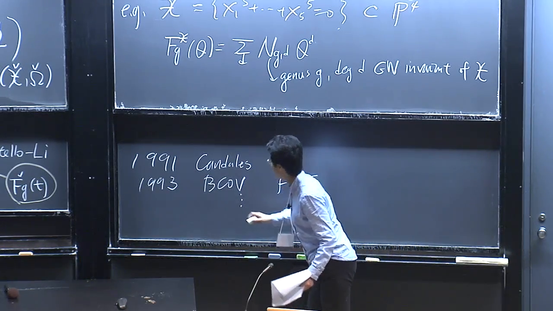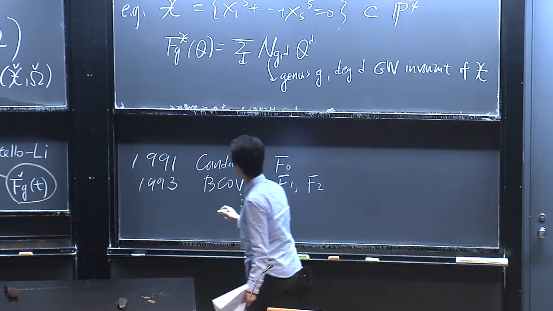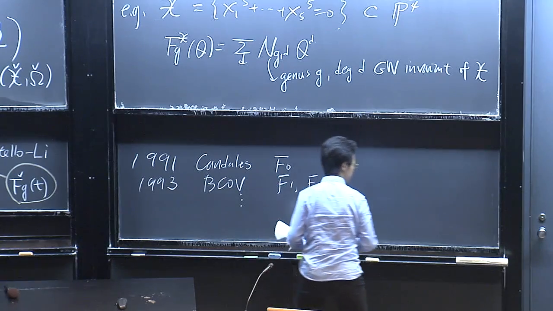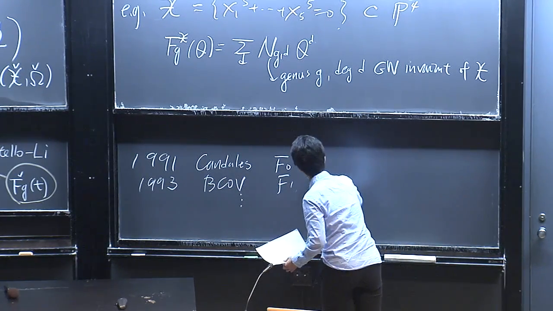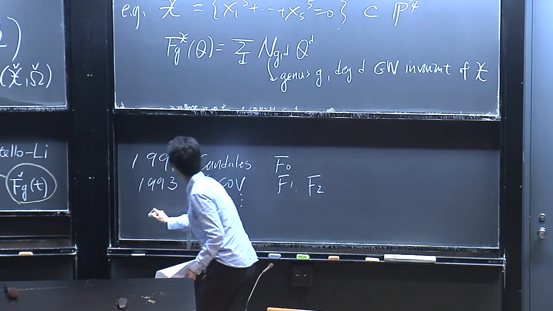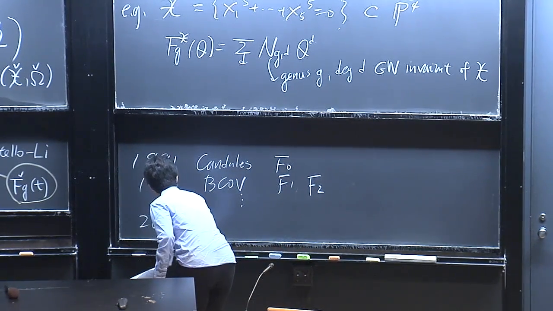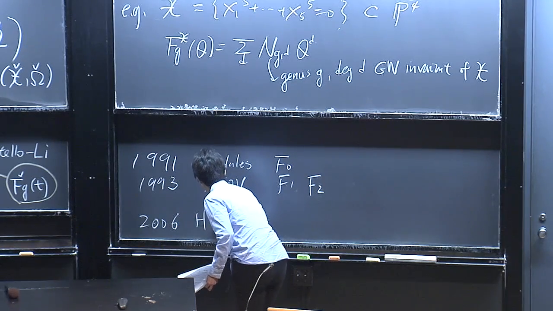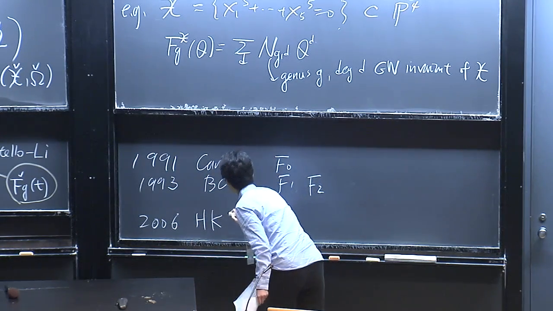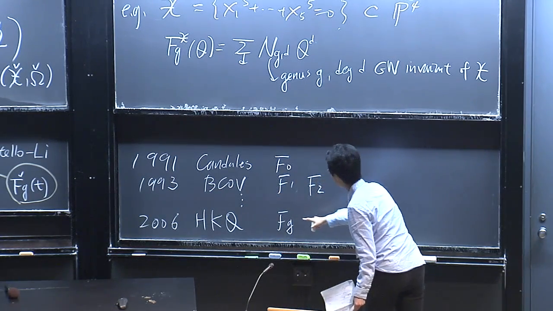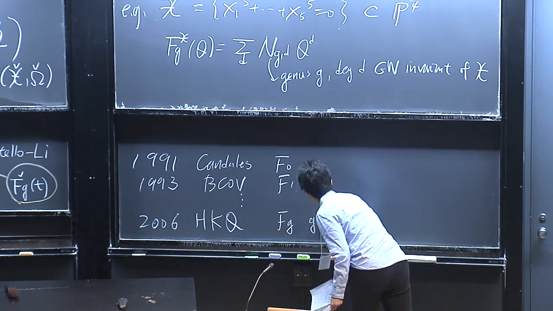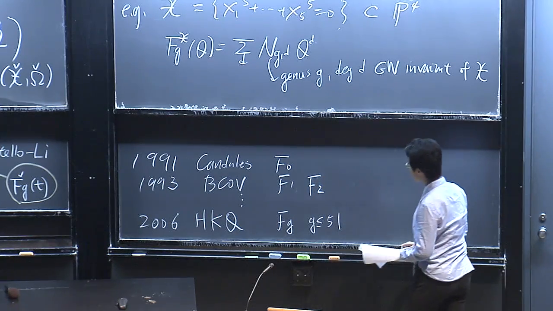There was a lot of development, and in 2006, Huang, Klemm, and Quackenbush gave mirror conjectures for F_g up to genus 51.